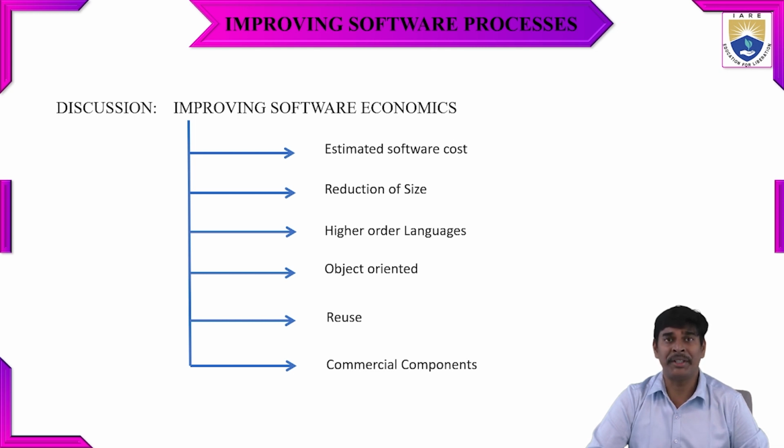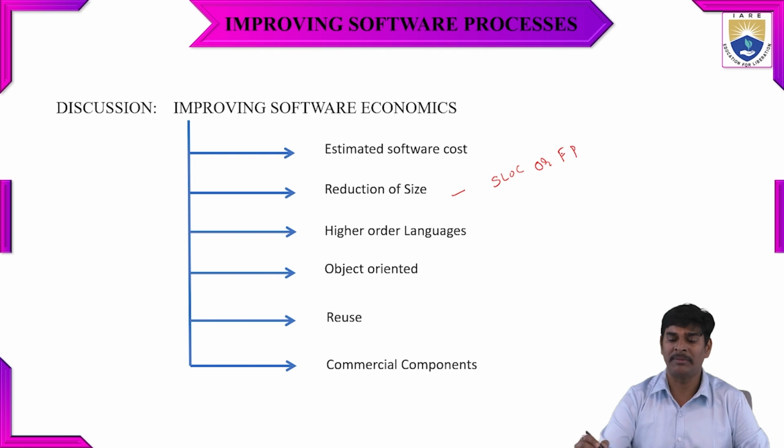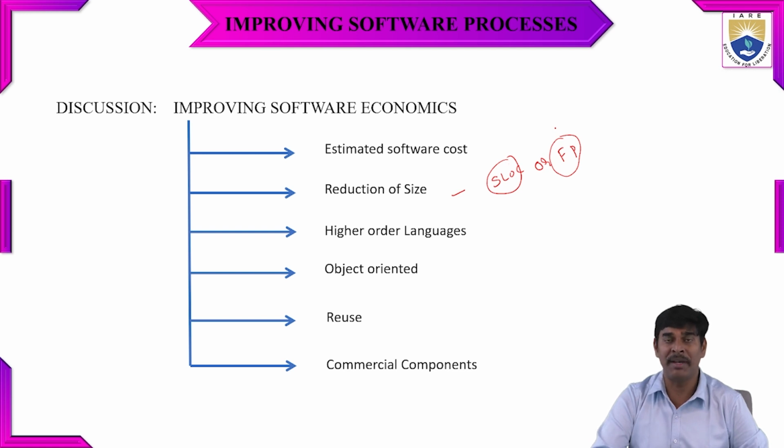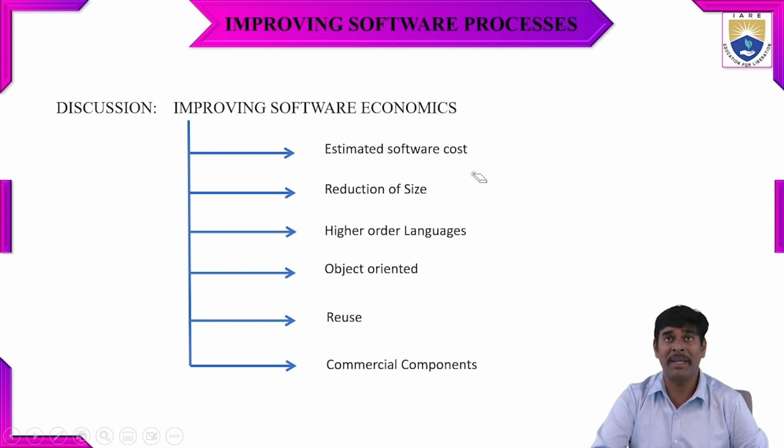What is the main constraint to minimize the size? We need to verify how to minimize the size. The size can be measured with the help of SLOC or function points. These are mainly used to measure the software cost estimation, and we need to check which programming language we are going to implement.